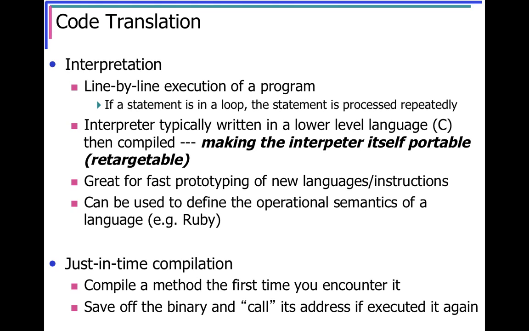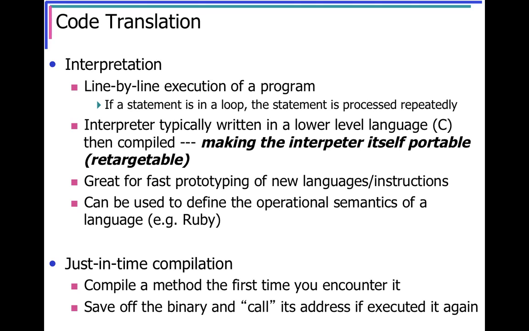We talked extensively about how to optimize interpreters with techniques like direct threading and super instructions and replication. You should be familiar with those optimizations by now. Typically, interpreters are written in low-level languages like C and then compiled. By doing this, we can make the interpreter itself portable.